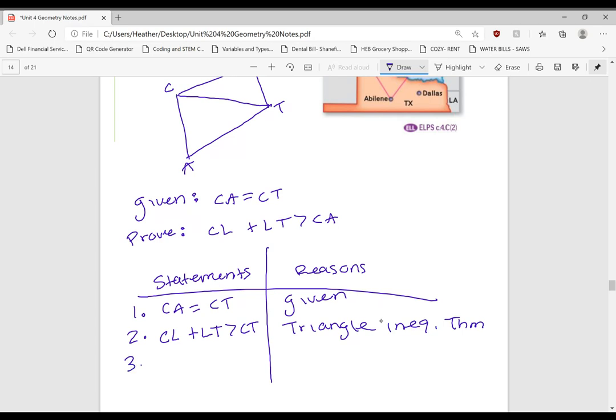So if we use substitution, we can prove that CL plus LT is greater than CA. And that proves what we were trying to prove. So that's the end of the proof, color in my little square. And that concludes the end of chapter 5.5.